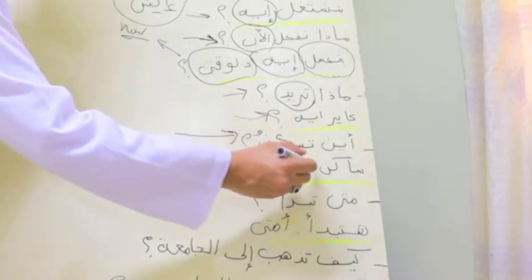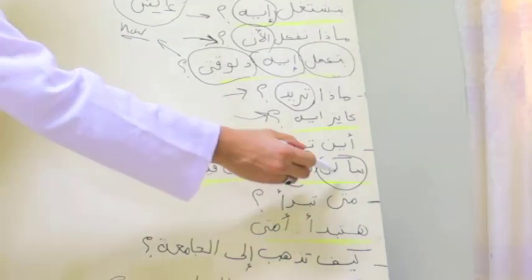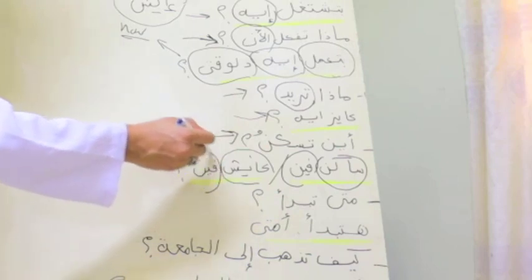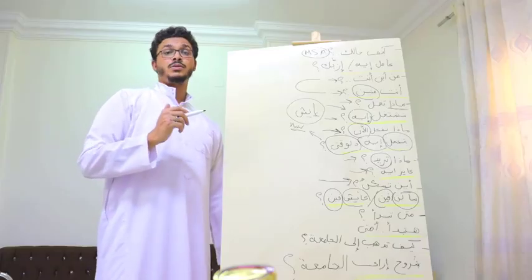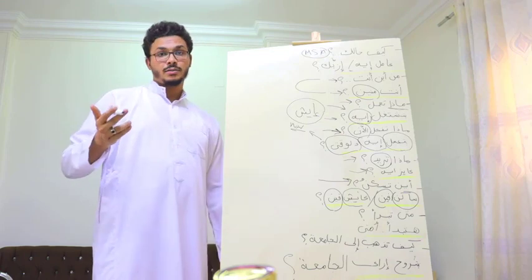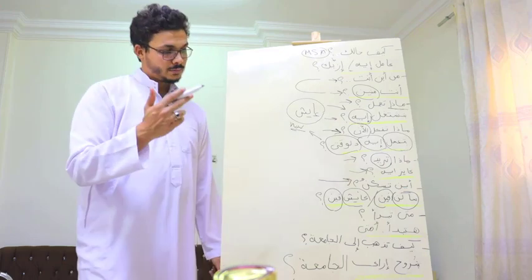What about Egyptian Arabic? ساكن فين? فين is where in Egyptian Arabic. So ساكن فين or عايش فين. And in Standard Arabic it's أين. أين, فين. Let's keep going.